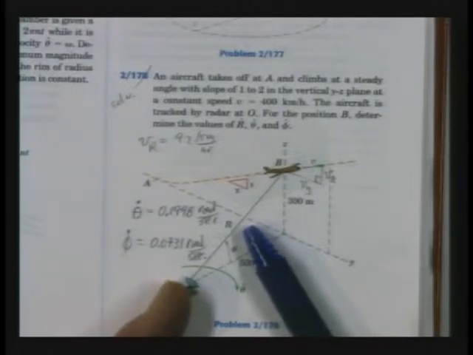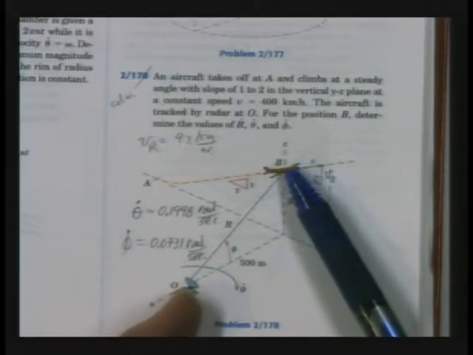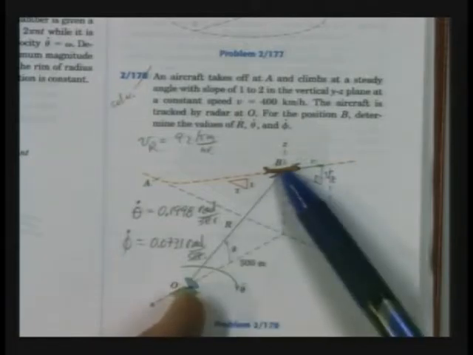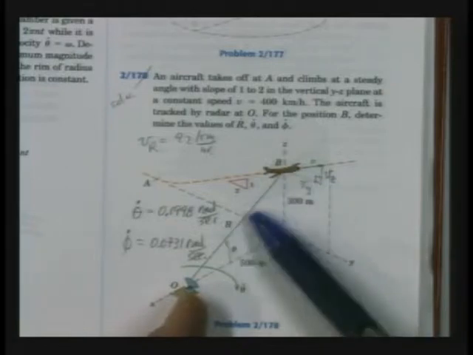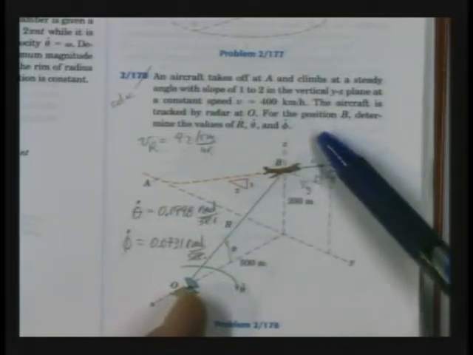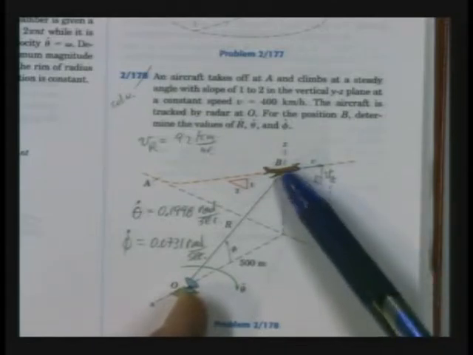Now, what's causing the capital R to lengthen? Here's distance capital R, and keep in mind you have a unit vector pointing radially outward along capital R. What component of velocity is contributing to that lengthening?